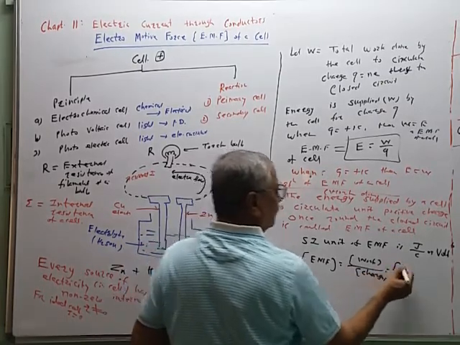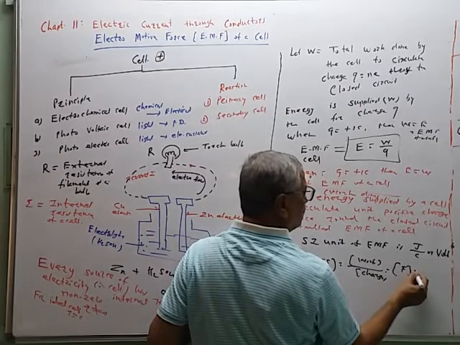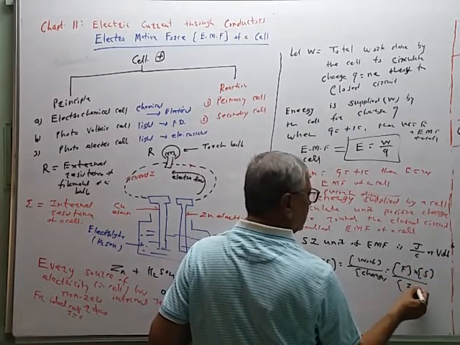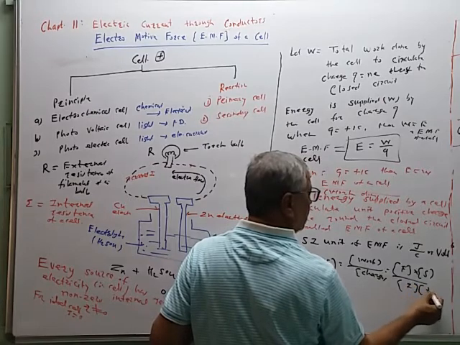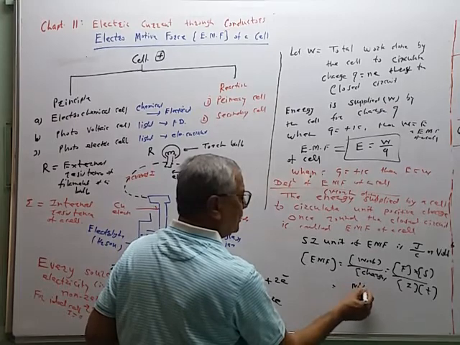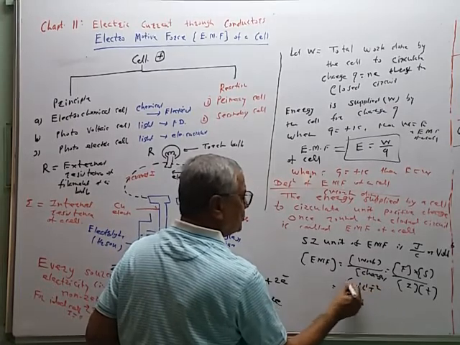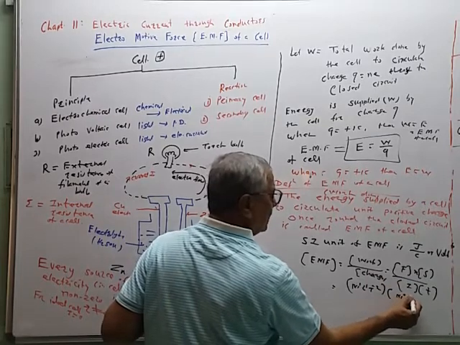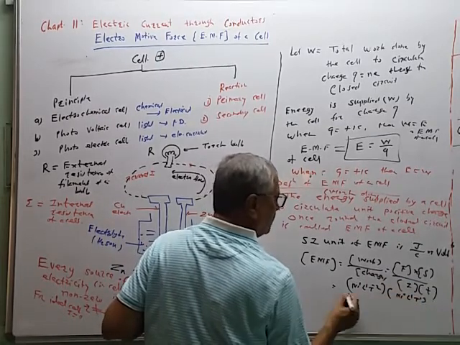So work is force multiplied by displacement, and charge is current multiplied by time. Force is M raised to 1, L raised to 1, T raised to minus 2. Displacement is M raised to 0, L raised to 1, T raised to 0.